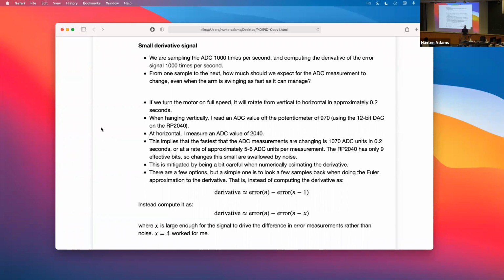But that's not a rule of thumb. It depends on a lot of things. But you might consider, instead of scaling the difference between error at time stamp n and n minus 1, do n and n minus 4, and that makes that derivative measurement more signal and less noise. Makes sense?